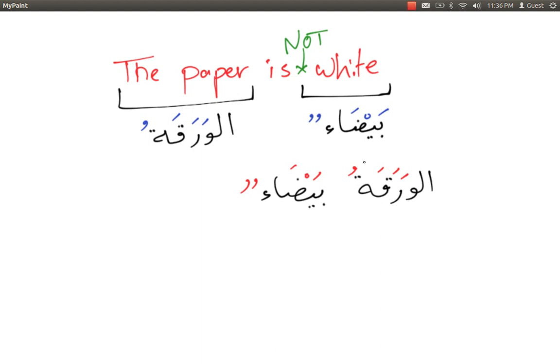To do so, we would add the word in Arabic in front of the sentence, the word laysa or laysat, depending of course on the subject. And this time it's waraqa, and waraqa is feminine, so I'm going to use laysat.